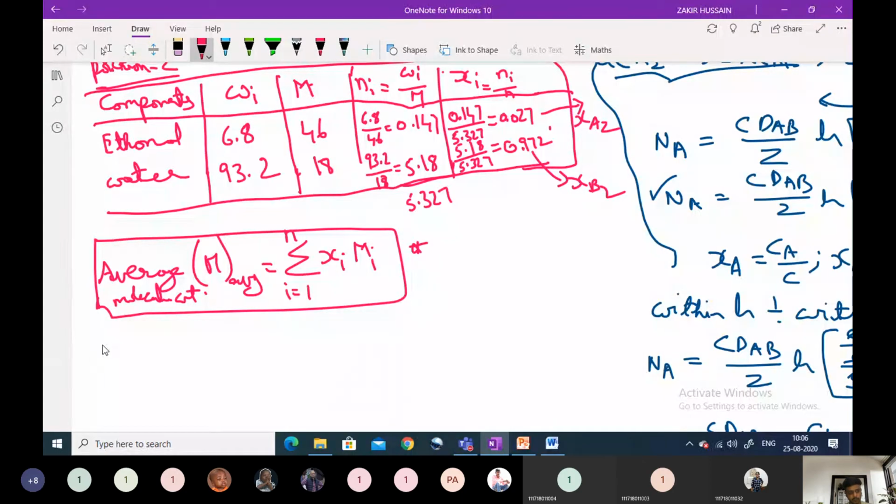Now at position 1 we need to apply this. The subscript 1 denotes position 1, so at position 1 it is sigma xi mi.